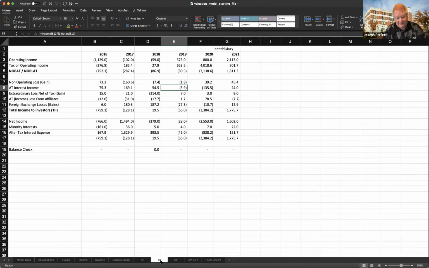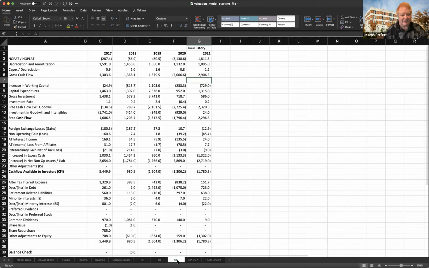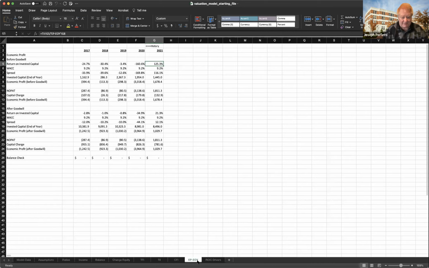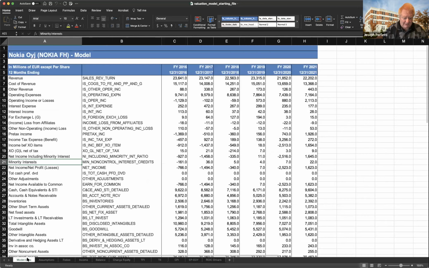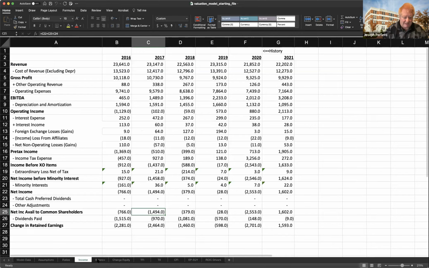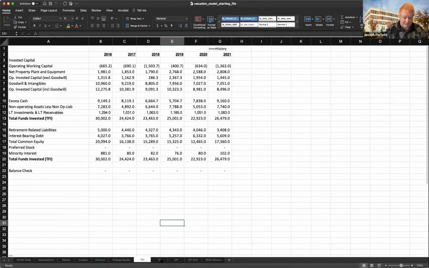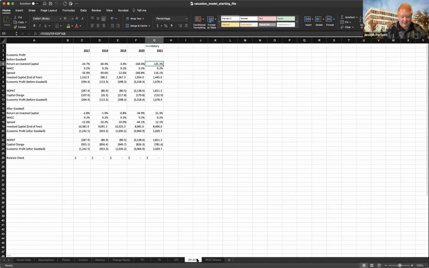With 6 years of TII and 6 years of TFI, we then have 6 years of historical balancing CFI, which are mapped to these statements. And then the final tab is the economic profit tab, 6 years of historical balancing economic profits. So model data creates historical income statements and balance sheets, which creates the historical economic statements that balance. I've already given you that rather than starting from complete scratch.